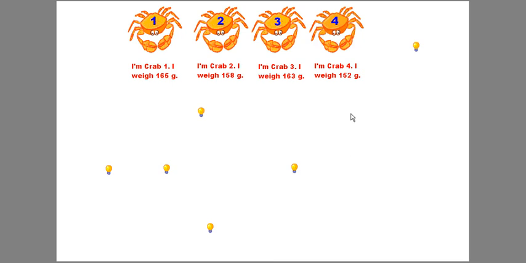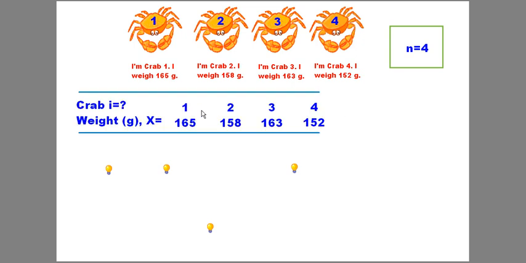Before doing anything else, we know something about the sample already, and that is that it is of size 4, n equals 4 observations. And we can summarize the information we've collected in a little data table like this. In this table, the numbers on the top are counters indicating which crab we're talking about, so they are the i values.